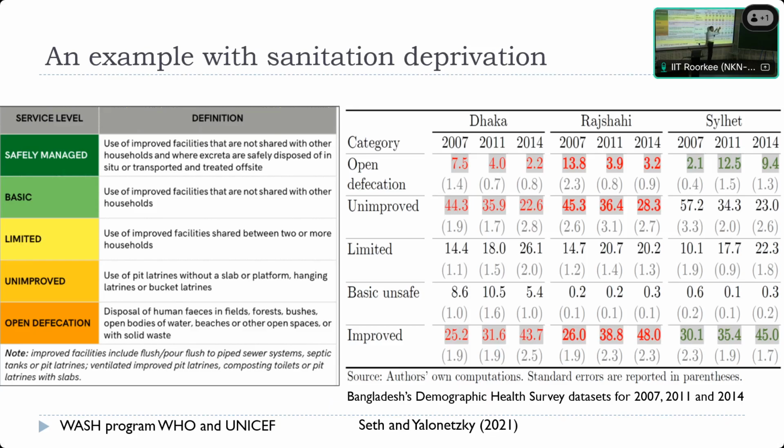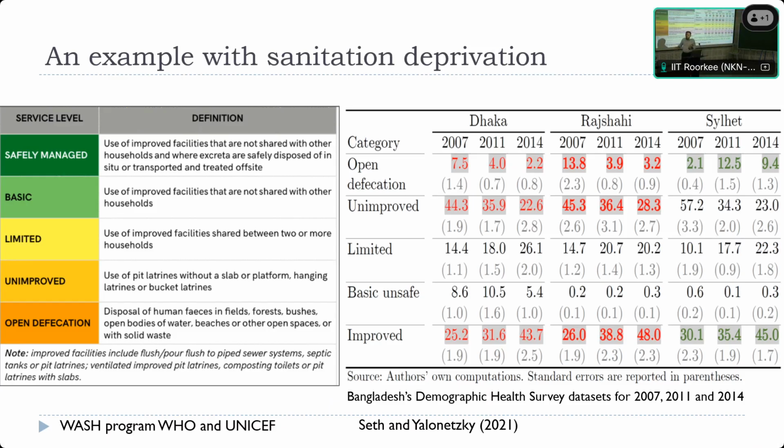If you see for some reason from the data, again, I'm not an expert on Bangladesh, I do not know exactly why, but if you look at open defecation, between 2007 and 2014, actually it has gone up. So this is a situation where you have improvement. You have proportion of people with improved facility increasing from 30 to 35 to 45. But at the same time, open defecation has also gone up.